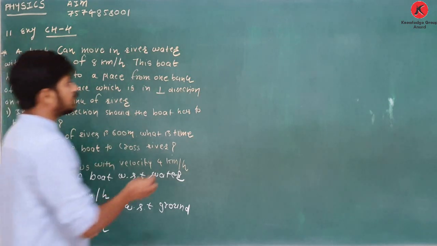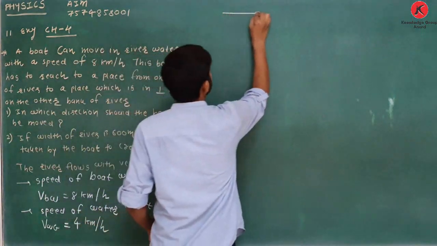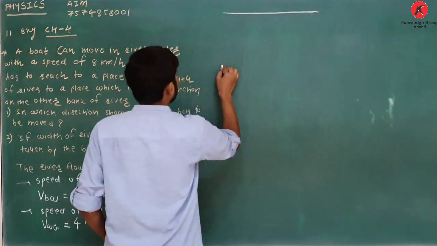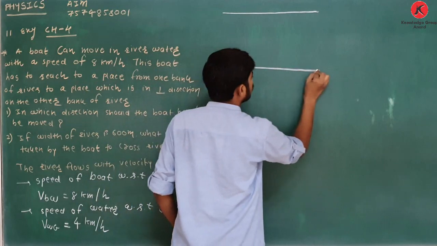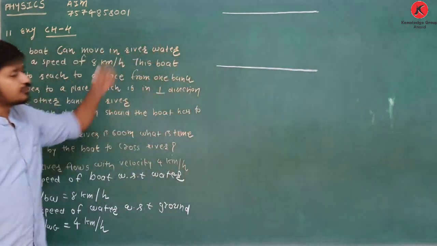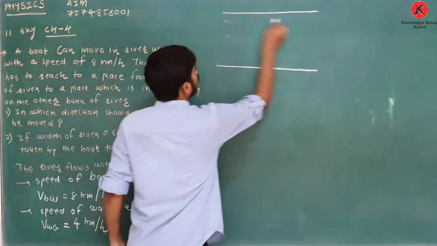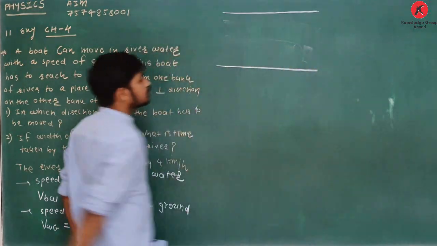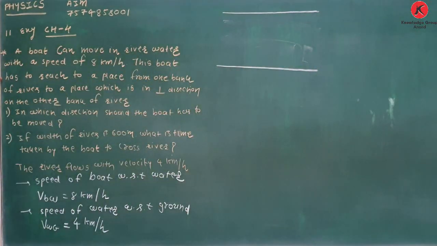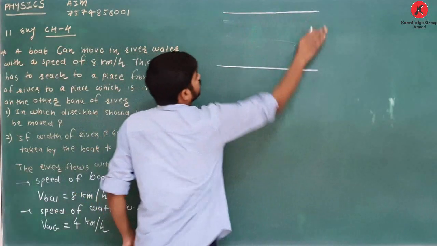See, we will draw a river. Let it be the river. Okay, two banks of the river, water is flowing. Now see, the boat has to reach a place from one bank of the river to a place which is in the perpendicular direction on the other bank of the river.